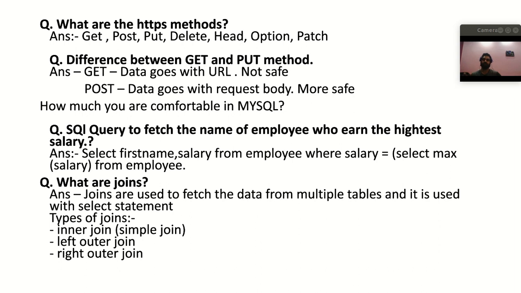In a similar way, you can go for a right outer join if you want to fetch the whole data from the right table and the common data from the left table. So these are the types of joins which we can use according to our requirement.